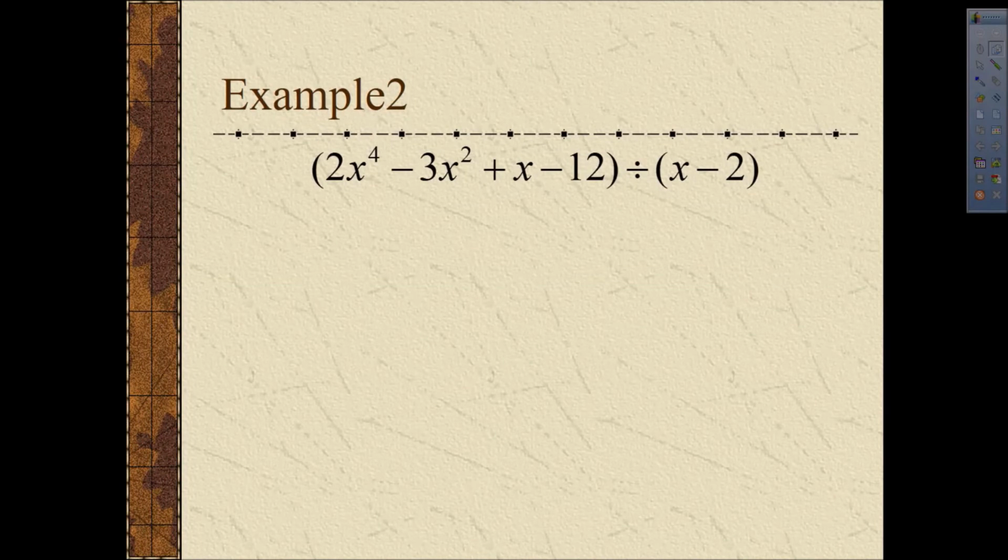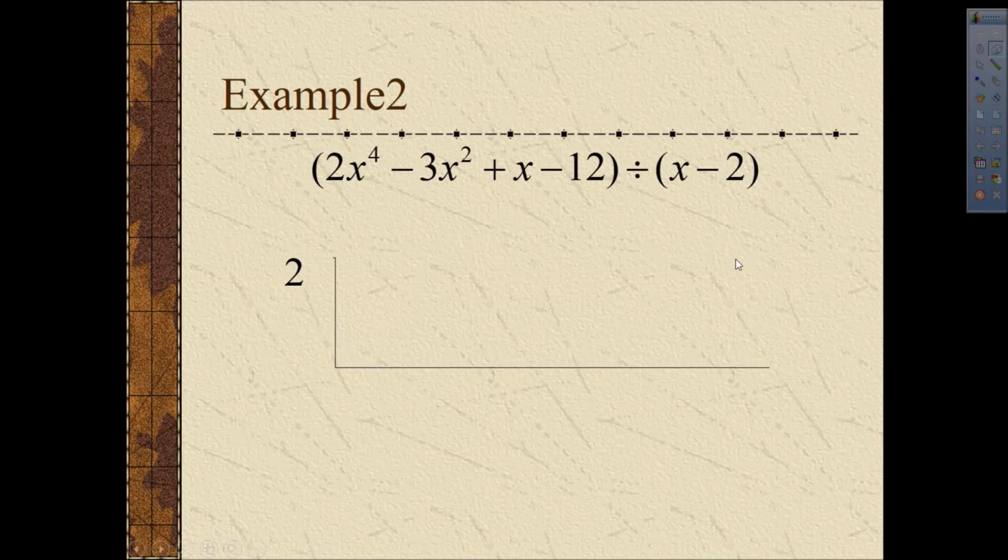As a second example, let's try the following division. 2x to the fourth minus 3x squared plus x minus 12. That entire polynomial divided by quantity x minus 2. So first thing we need to do is set up our framework for synthetic division. Since we're dividing by x minus 2, I'm going to put a 2 outside of this framework. Now we're going to go through the first polynomial and take all the coefficients.